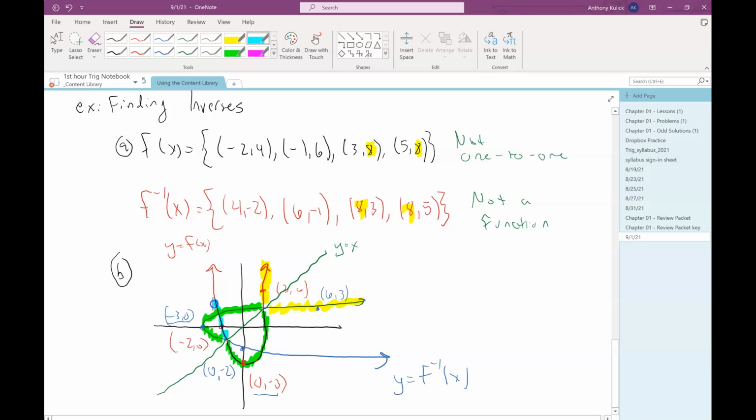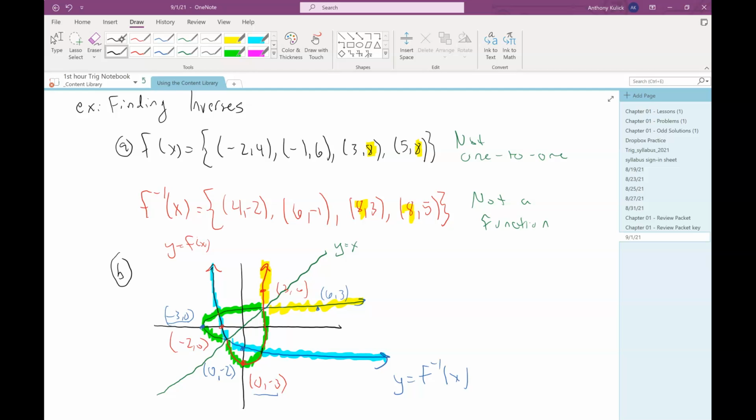And then if I take this part of my function and reflect it across that line, I get this part of my inverse. Now I think visually it's difficult to see that and do that as your primary method. That's why I showed you using the points and transposing those as our initial method.